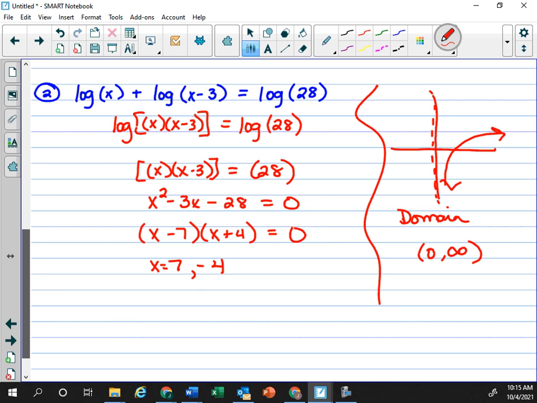So the only one that works is 7. So cross this guy out. There is your only answer for that log equation. And again, it's not just because the 4 was negative, it's because plugging it in created the log of a negative value. Okay?